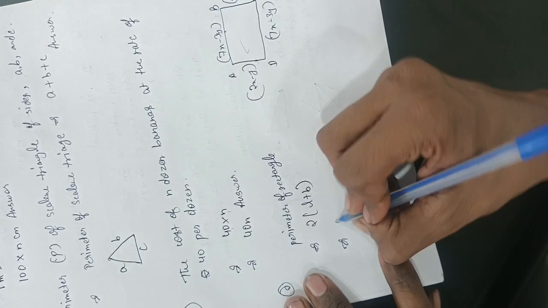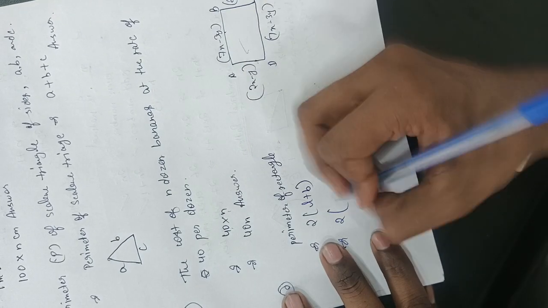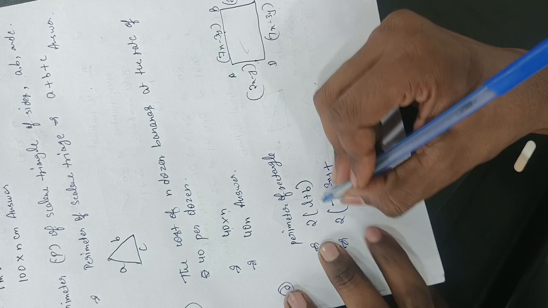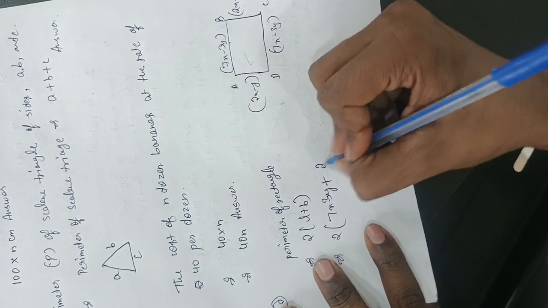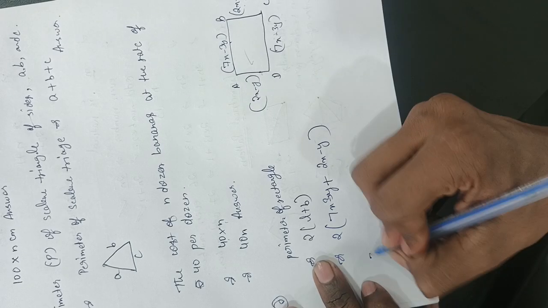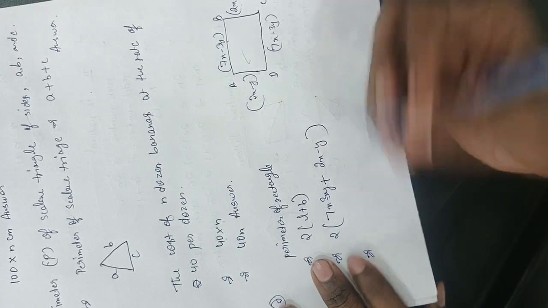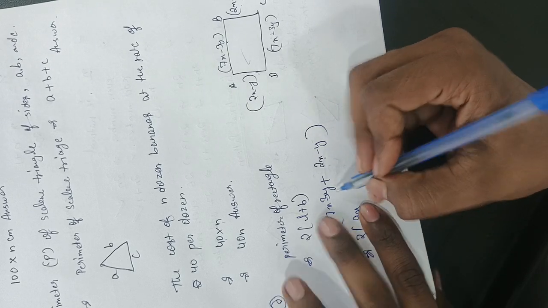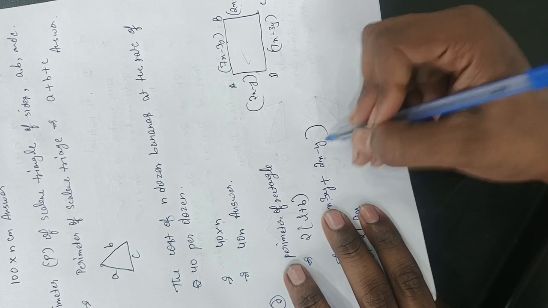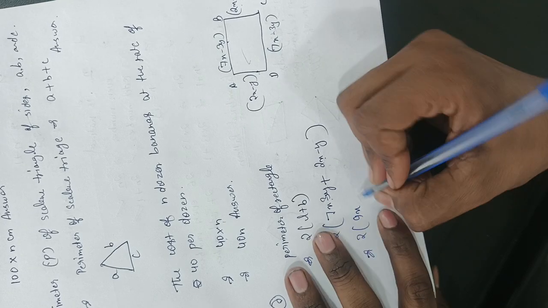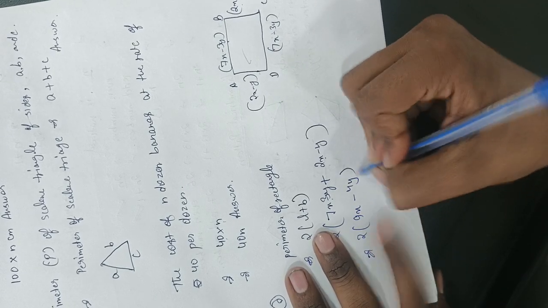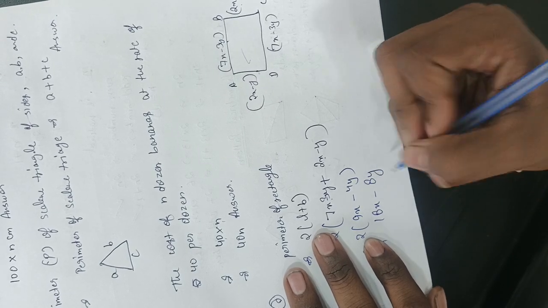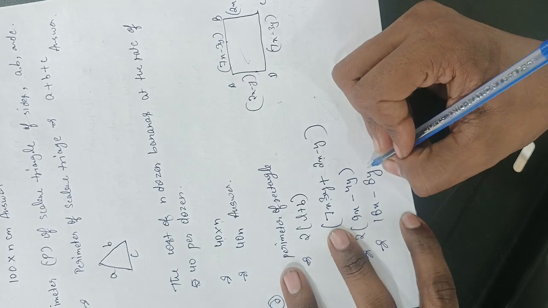Now what we have to do? The length is given as 7x minus 3y, plus the breadth given as 2x minus y. We are adding, so 7x plus 2x is 9x, and here minus 3y minus y is minus 4y. Now multiply by 2: 18x minus 8y.